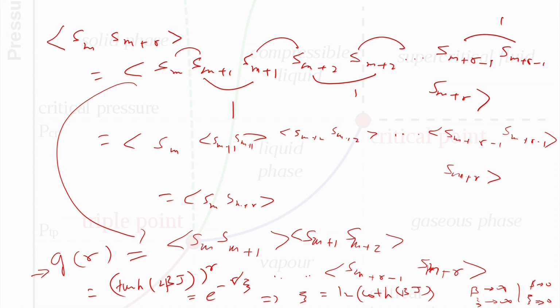So the idea is that at very low temperatures the spins are correlated over longer and longer distances. At very high temperatures, set by the scale J, the correlation lengths are very small, so much so that only the nearest neighbors are correlated.